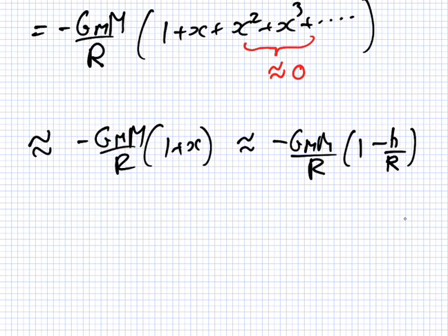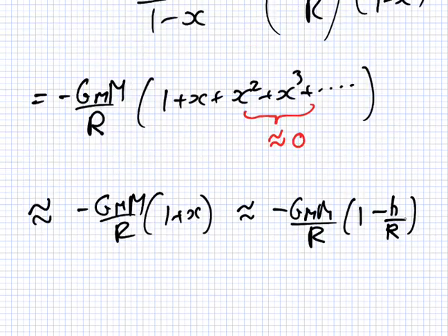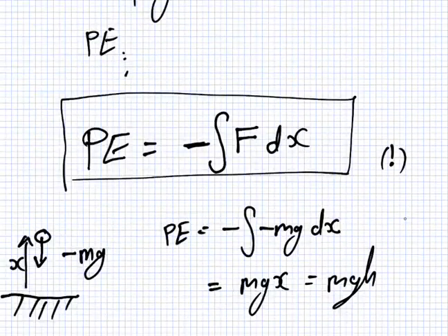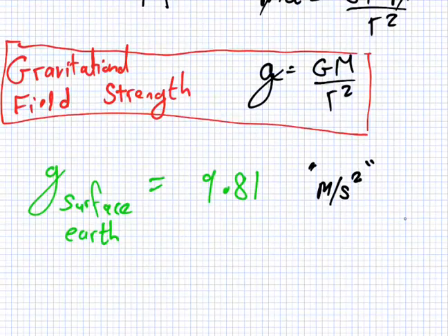And actually, if I go back to earlier, let's not forget that small g is given by GM over R squared, and it's roughly 9.81.